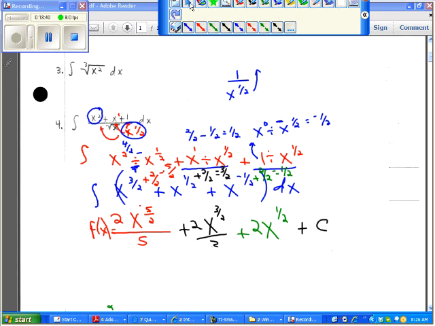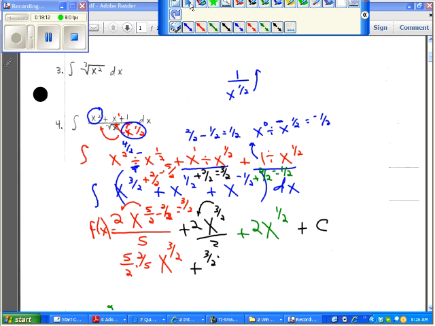So what we would do is we would take the exponent times the coefficient. So that would be 5 halves times 2 fifths. Reduce the exponent by 1. So we take 2 halves away from 5 halves, which leaves us with 3 halves. And so that would be x to the 3 halves. And then plus exponent times coefficient.